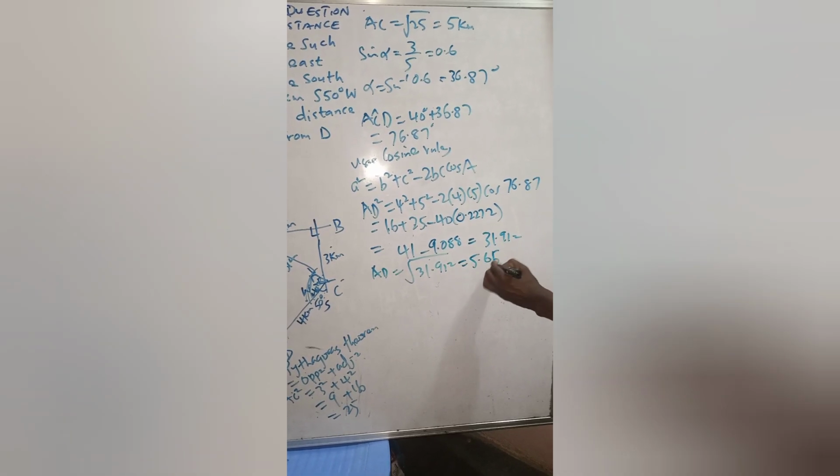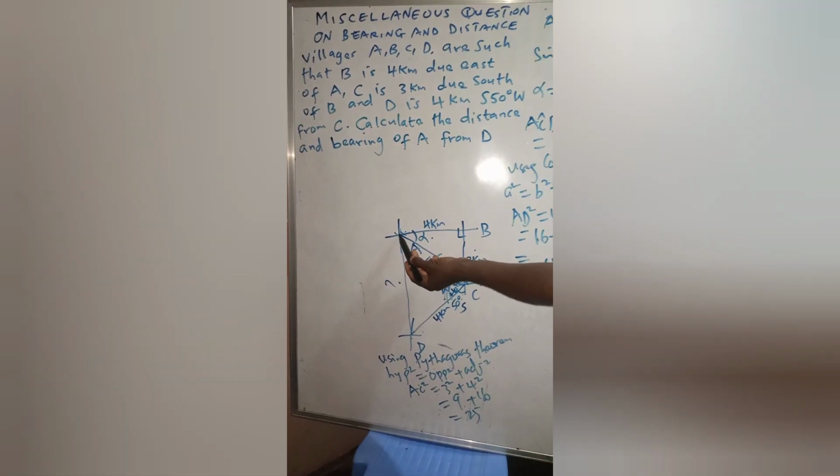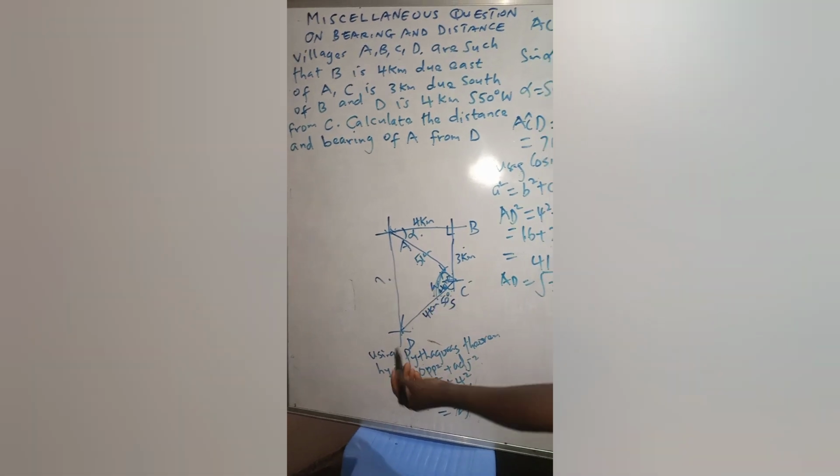And the bearing of A from D. You stand here. This is a cardinal point.